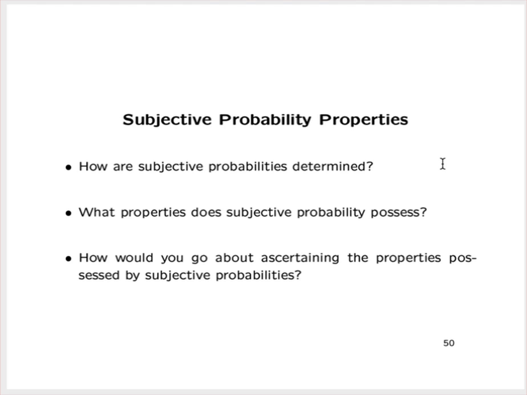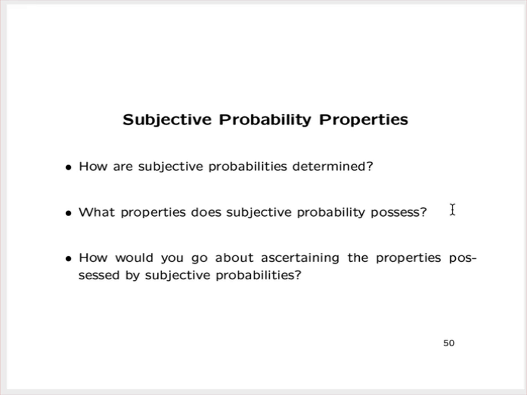Now, another question is, because we just got done showing that relative frequency probabilities have certain properties that we can prove mathematically, and in particular prove using the definition of relative frequency probability, what properties do subjective probabilities possess?